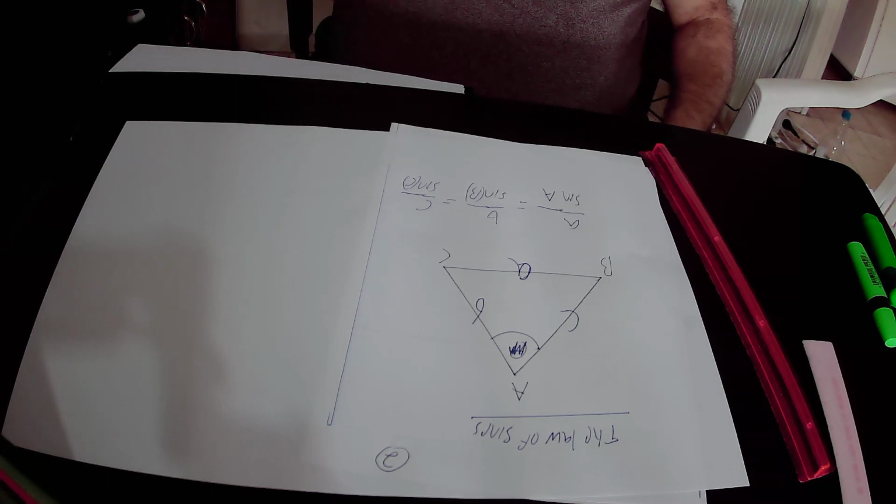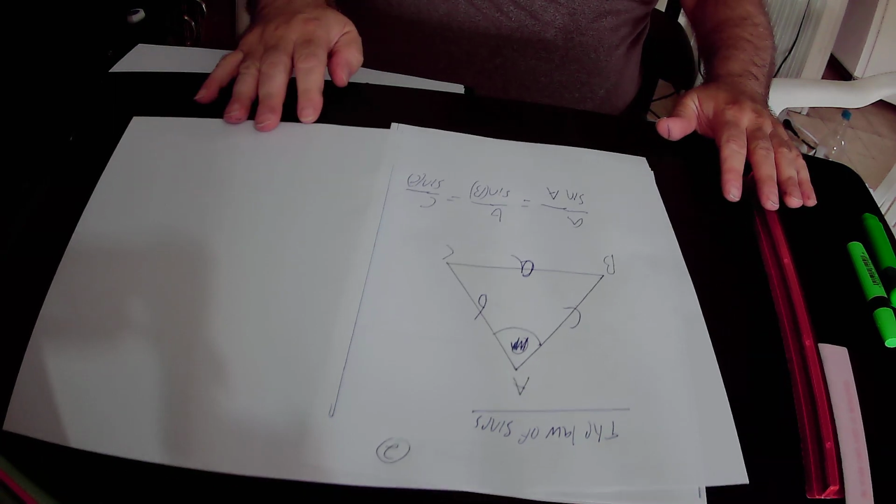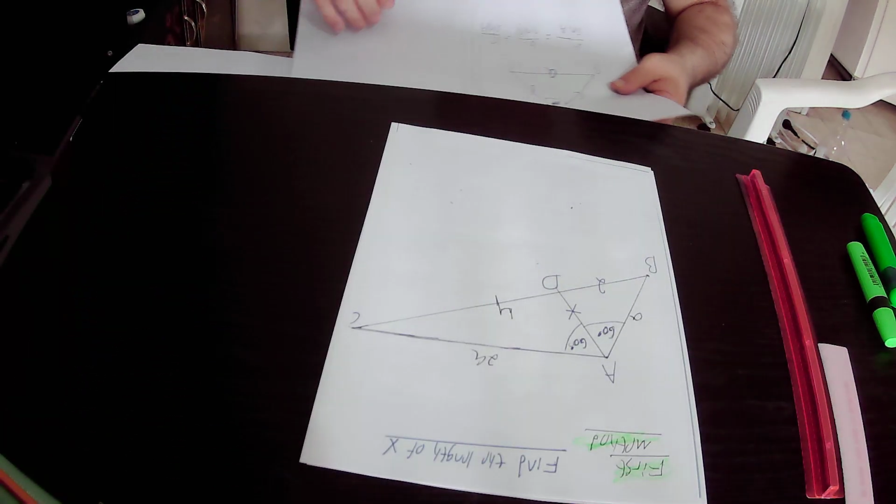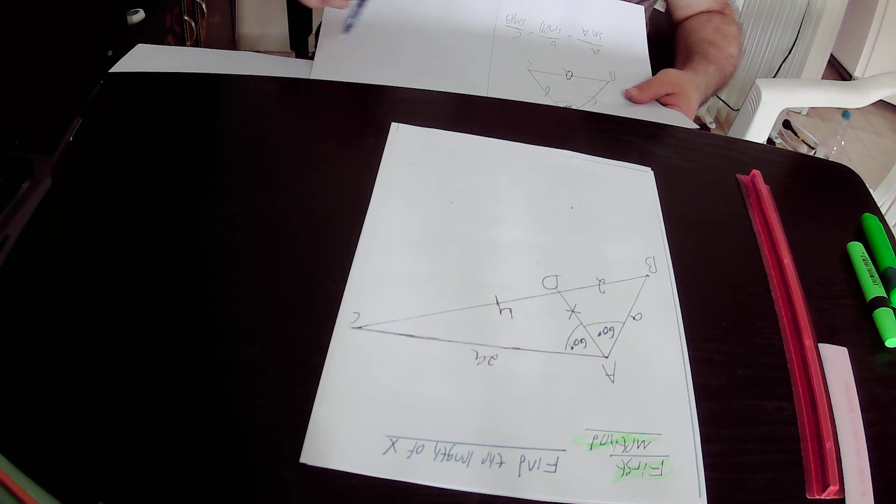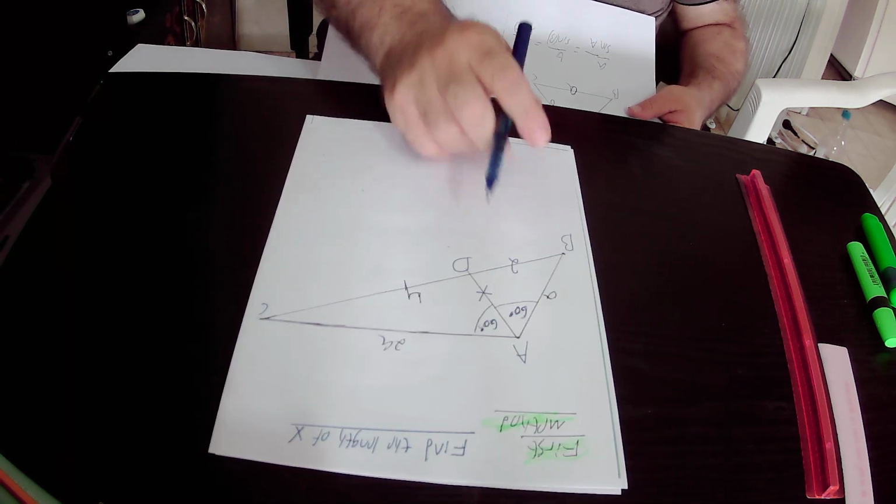So we can implement the law of sines in triangle ABD. This is triangle ABD.